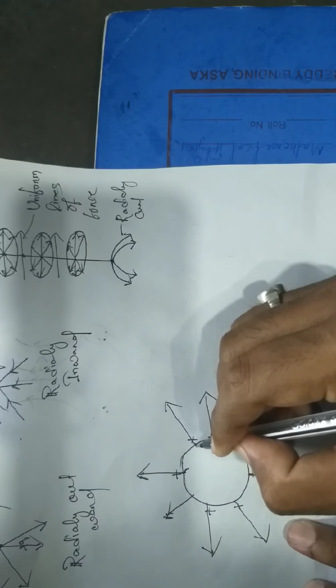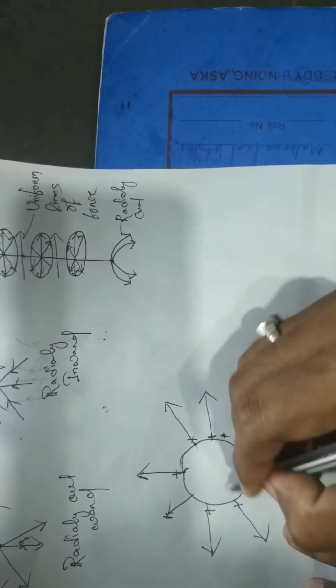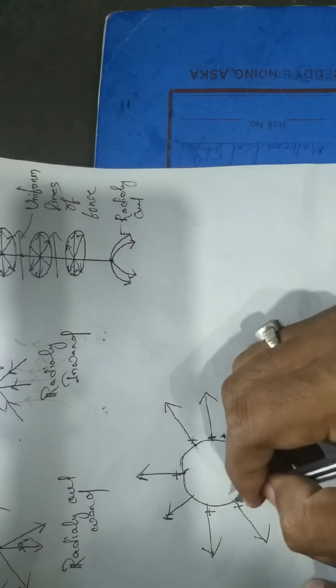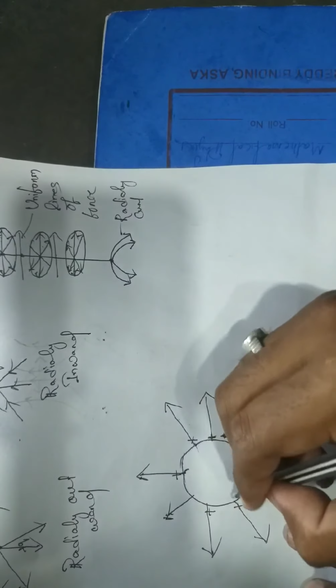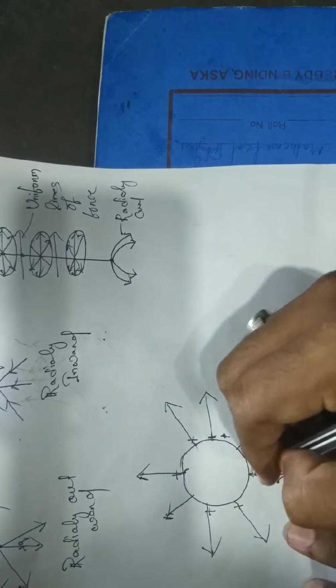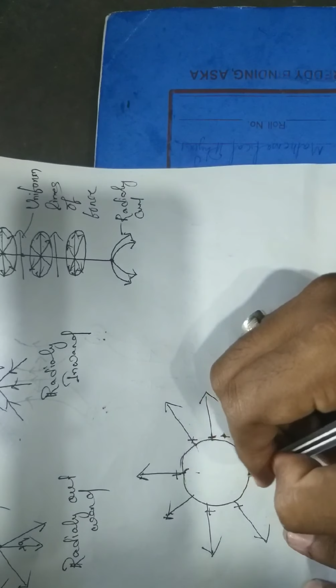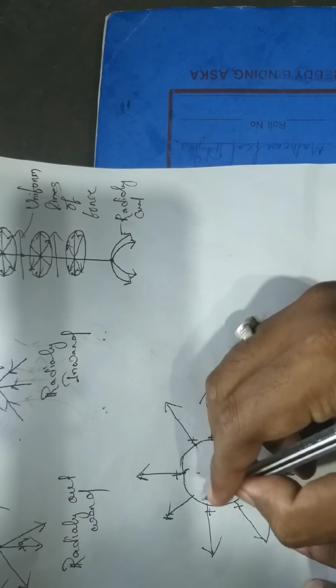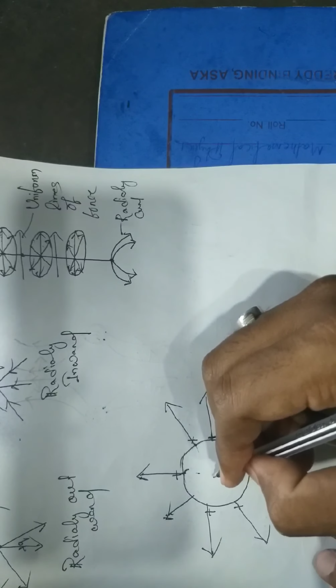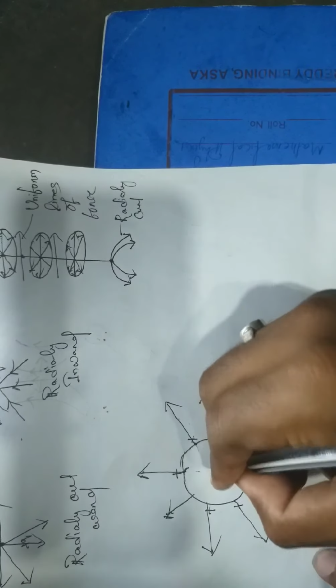When these lines enter inside the surface of the conductor, they cancel each other out. Suppose this line of force goes in this way, this one in that way, and that one in that way, so there are no lines of force inside the conductor. That's why electric field intensity inside the conductor is 0.